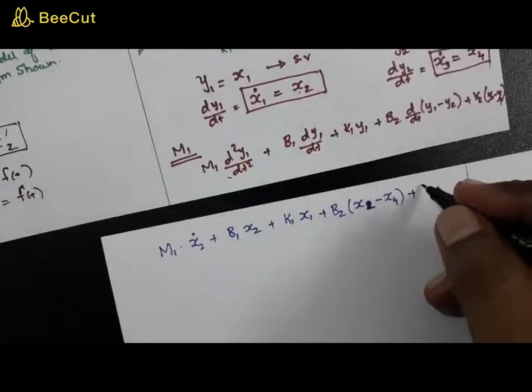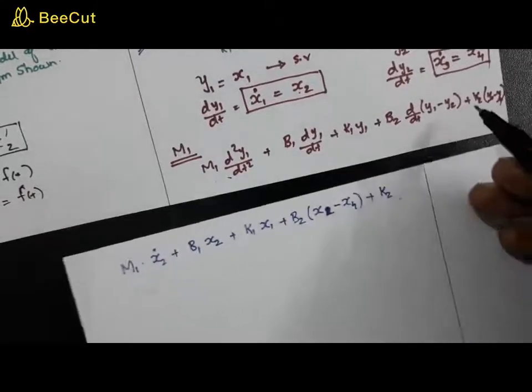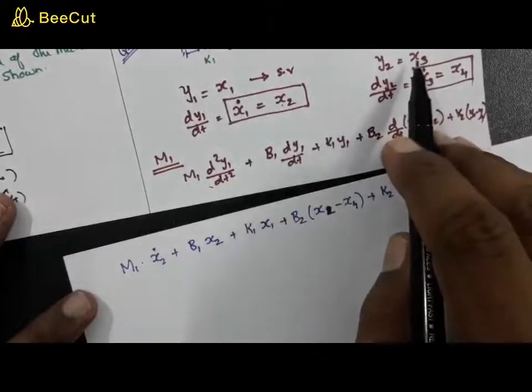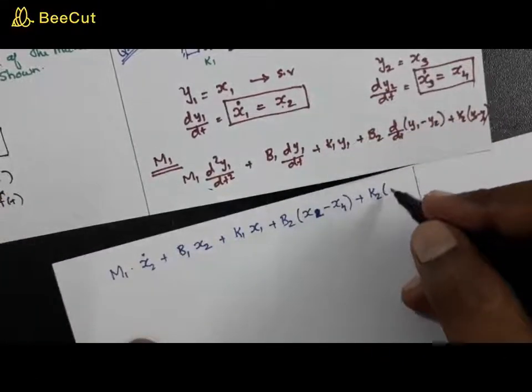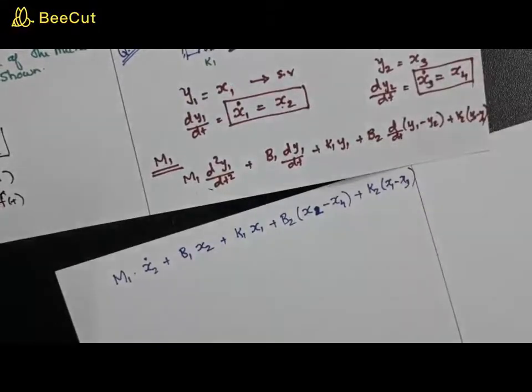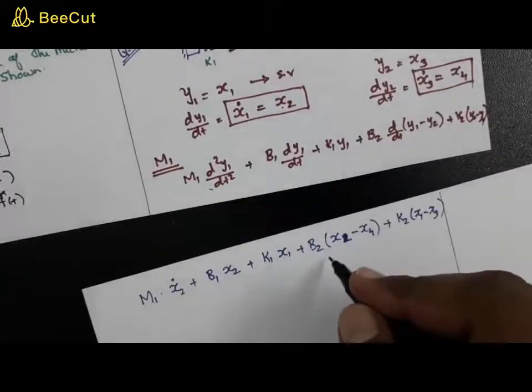Plus k2 into y1 minus y2. y1 is x1 and y2 is x3, so this will be x1 minus x3, right? Okay, now this is equal to what?